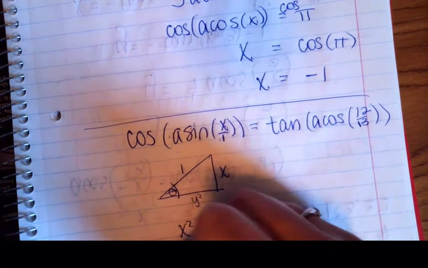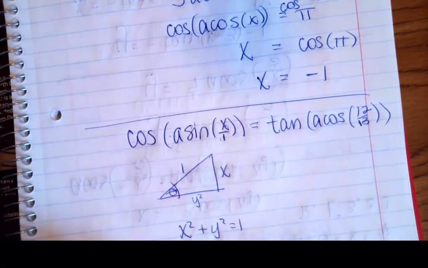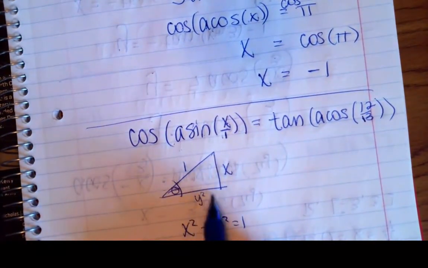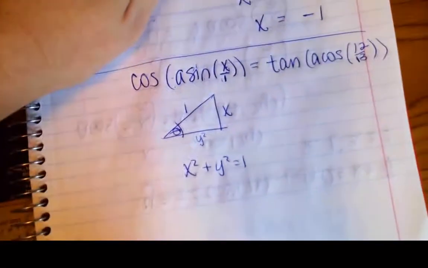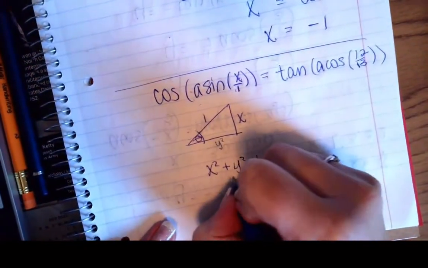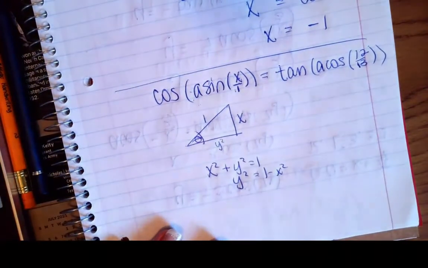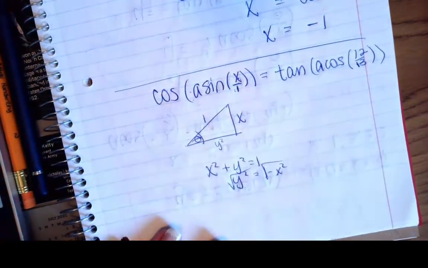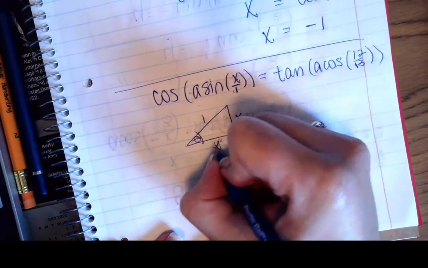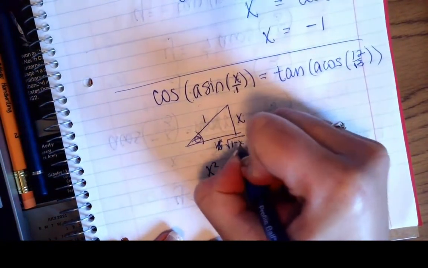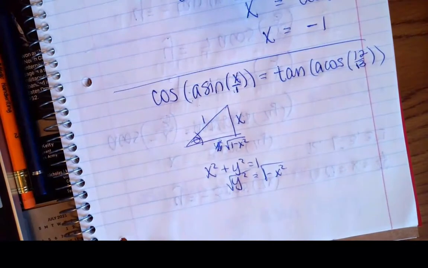So I've got x squared plus y squared is 1. I want to know what this portion is, so I'm going to solve for y. I'm going to subtract x squared from both sides, and then take a root. So I now know that this side is the square root of 1 minus x squared.